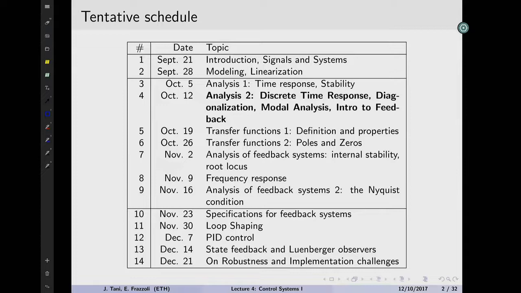So we introduced these linear time invariant systems. We looked a little bit at how these systems were best represented through the introduction of special variables, which we call the state variables, which basically represent and encode the memory of the system.